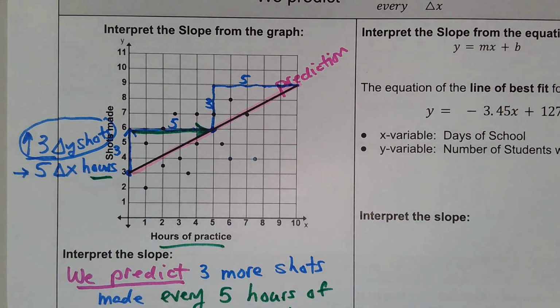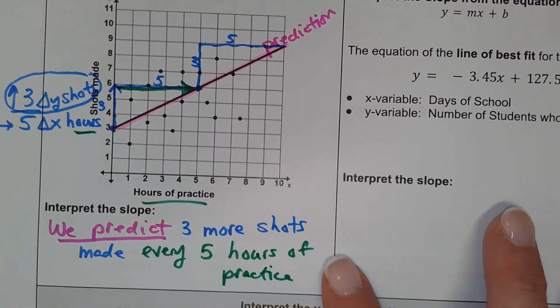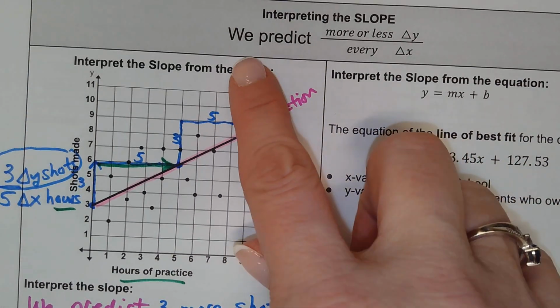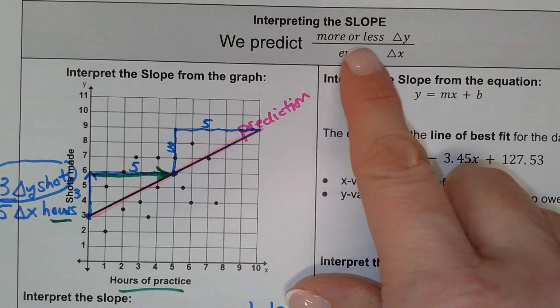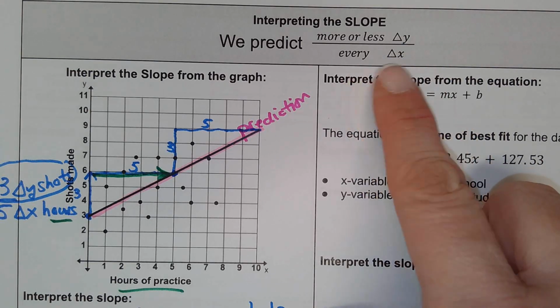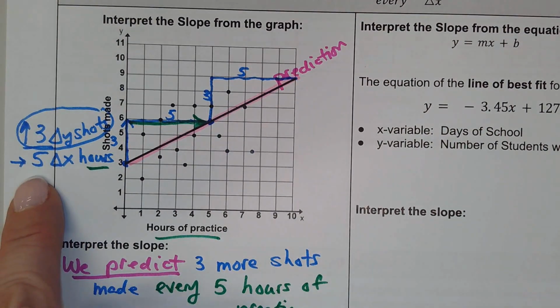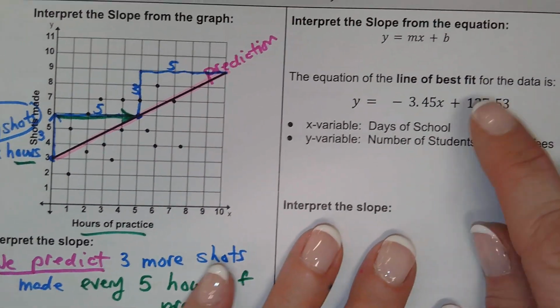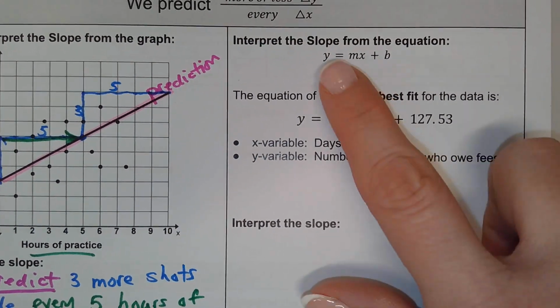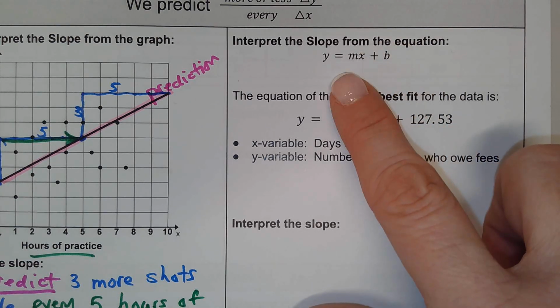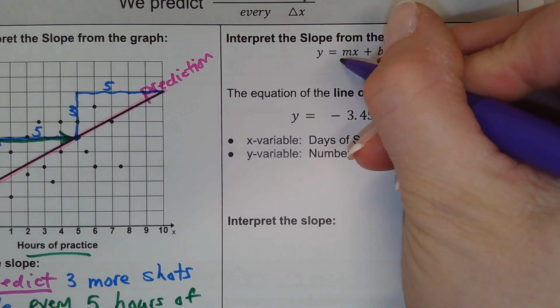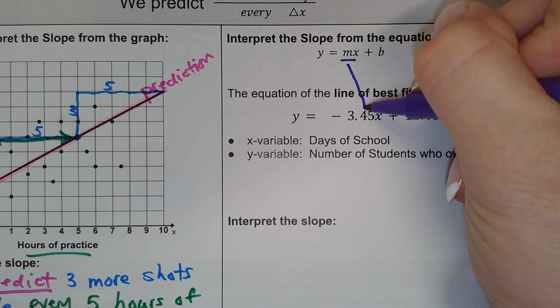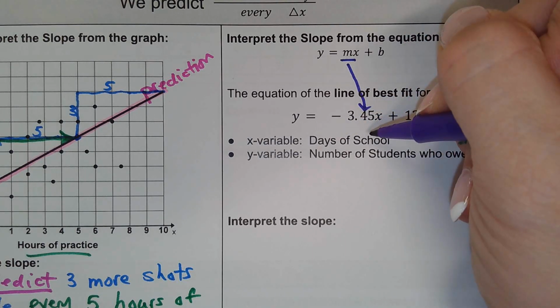So if you need some hints on how to do that, we predict more or less y every x. And again, number, word. You might have to do it from an equation. When you do slope from the equation, we have to look at the slope, which is the m, right here in front of x.